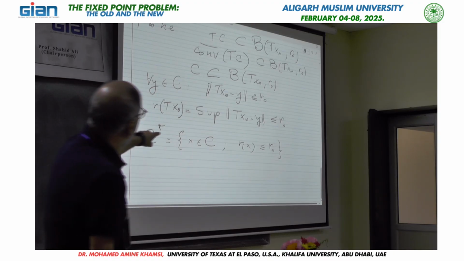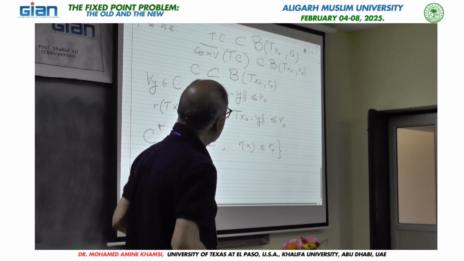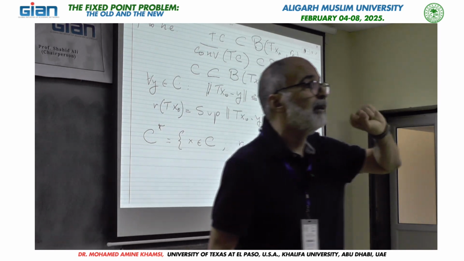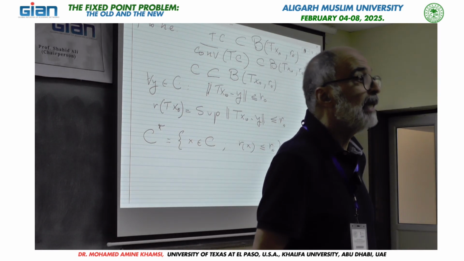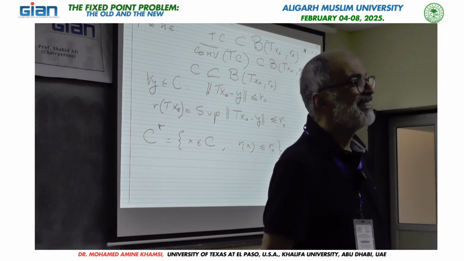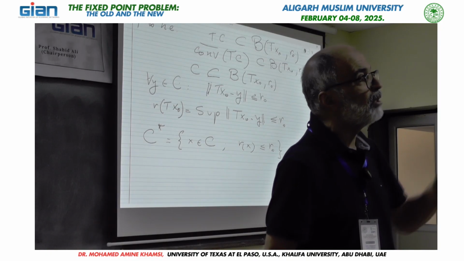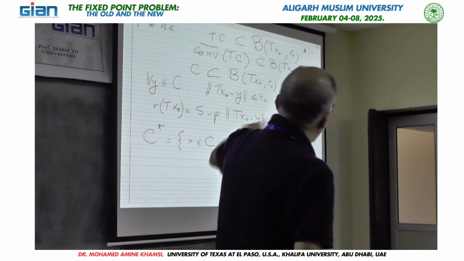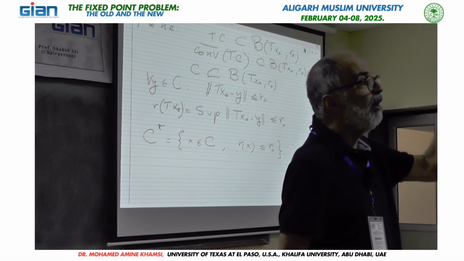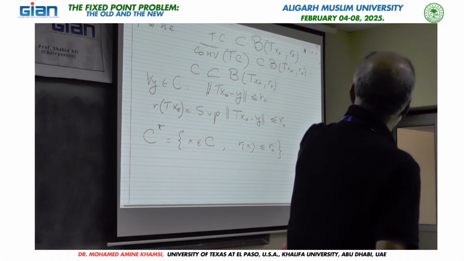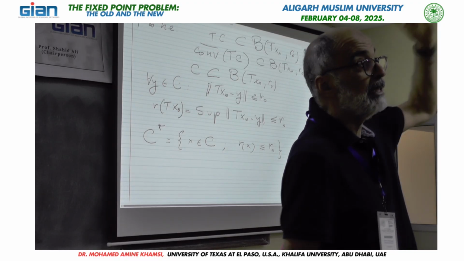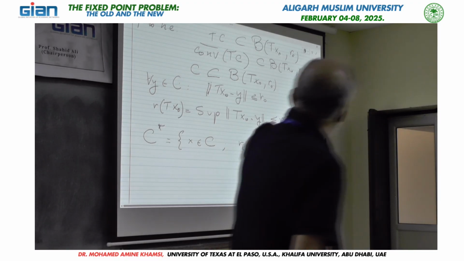So R of x is the supremum, the Chebyshev radius. R of x is a Lipschitzian mapping with constant 1. Therefore, it is continuous. And it is convex. It's a convex continuous function. Therefore, the set C star is not empty because x0 is there. It is closed. It is convex. You just proved that R of Tx is always less than R of x, the proof I showed you, because C is minimal. And therefore, it is invariant.